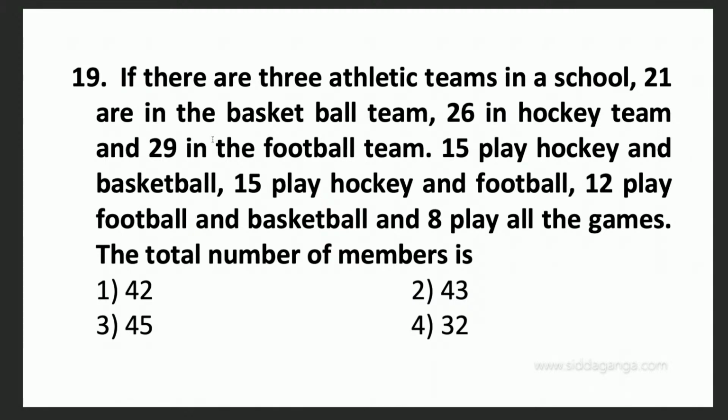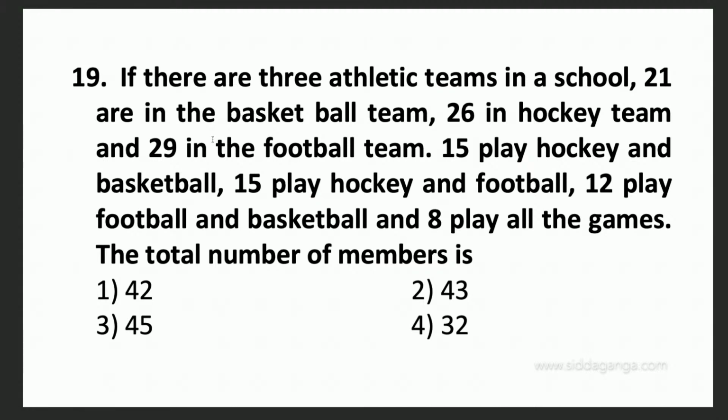And 8 play all the games, so N of B intersection F intersection H is 8. Total number of members means we have to find B union F union H.